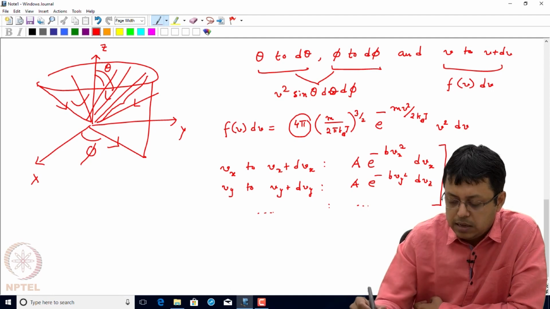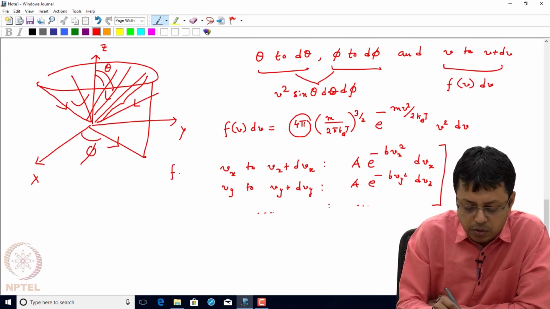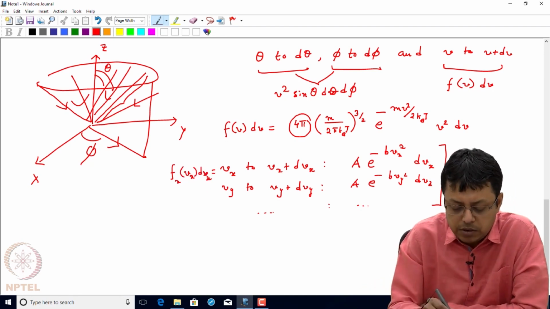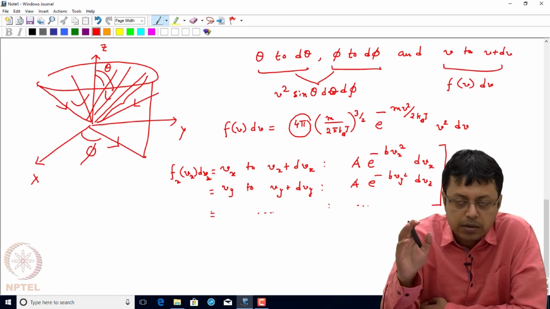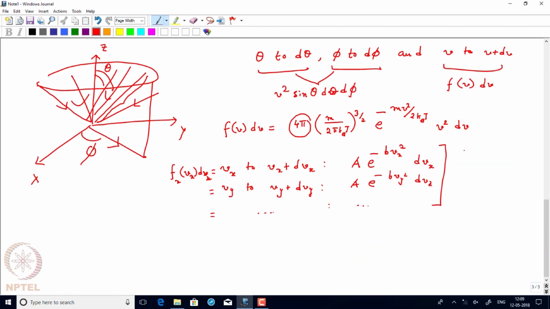Together, we take the multiplication, because the x, y and z component distributions are probability distributions, and since the distribution in any direction is independent of the other directions, we take the total distribution as a product: Vx dVx into Vy dVy into Vz dVz. Each individual distribution gives a constant cubed times e to the power minus something, and all these exponential terms add up, because exponential a into exponential b into exponential c is exponential a plus b plus c.